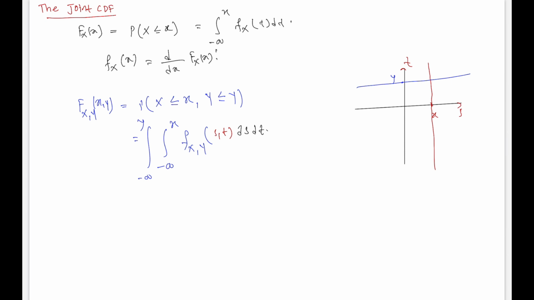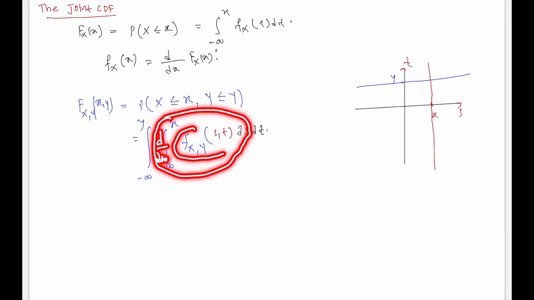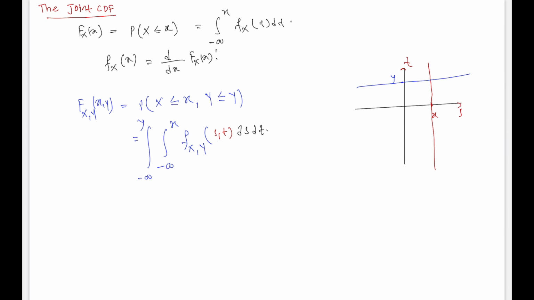Now if you want to get back this joint PDF from this joint CDF, how would you get that? First, you differentiate this integral with respect to x, so this will be nothing but the integrand itself. Again, you differentiate with respect to y, and you will get back this PDF.